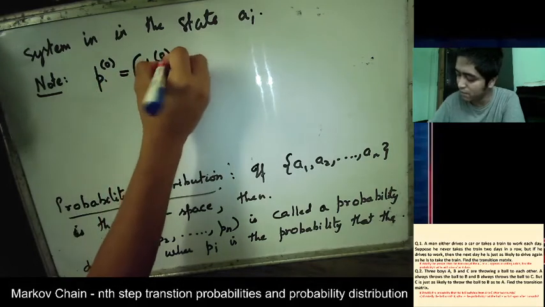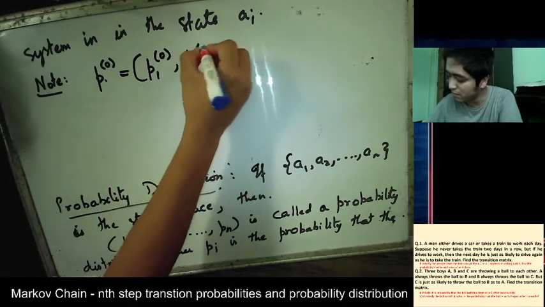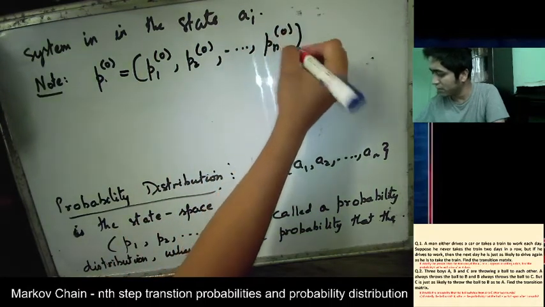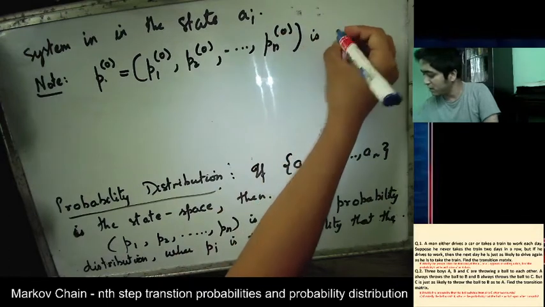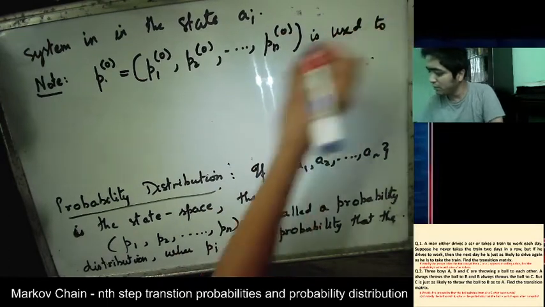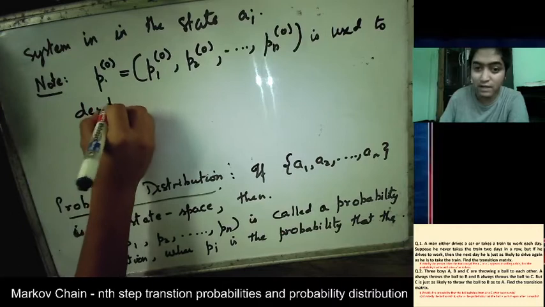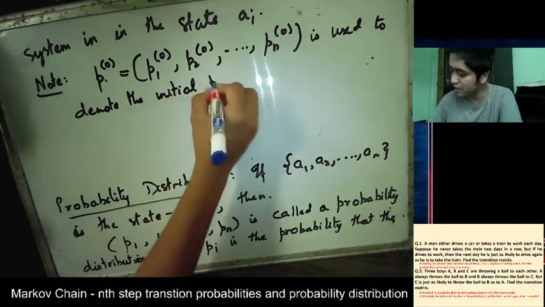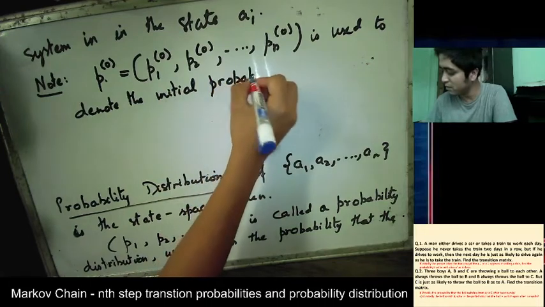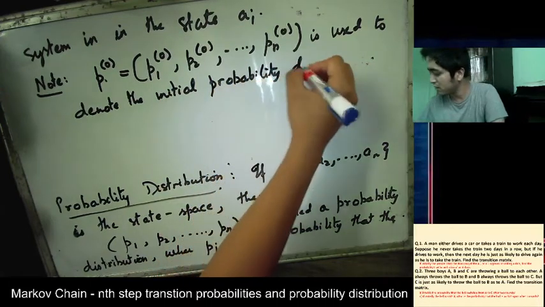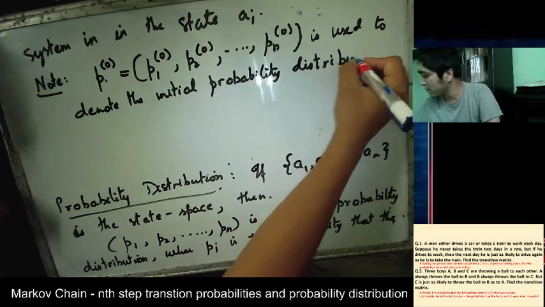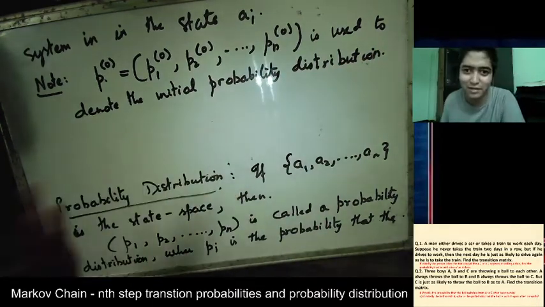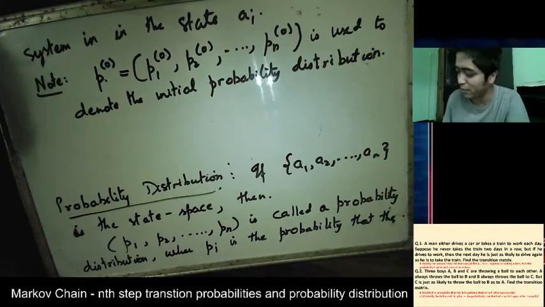P1^0, P2^0, up to Pn^0 is used to denote the initial probability distribution. When we are doing the examples, it will become clearer what exactly we are talking about.